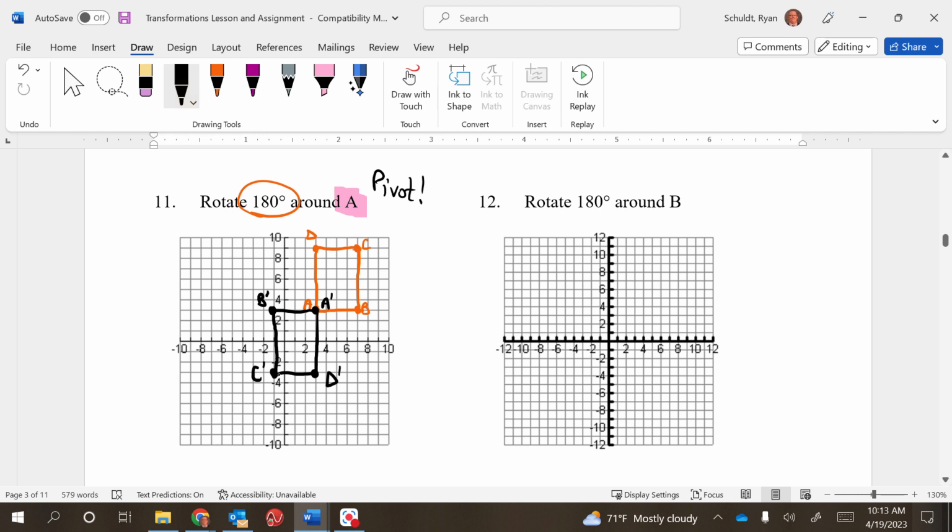So, like I said, this is our new. This orange one is the original. Okay, I'm going to draw the original in one last time. There, there. There. And there.